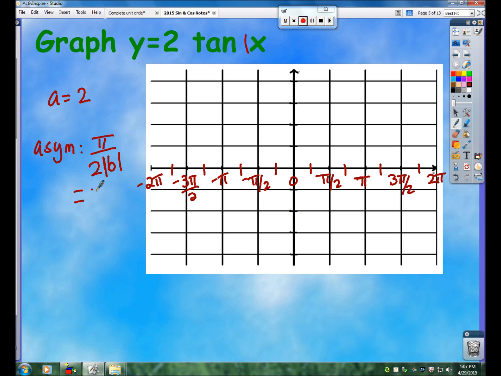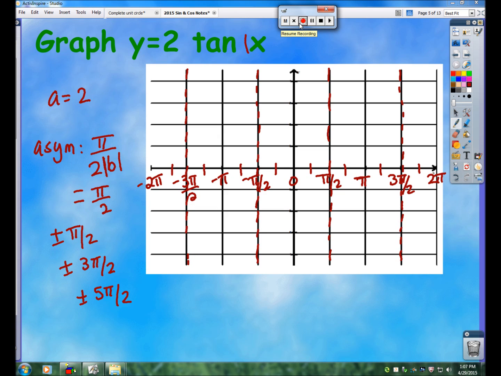So our asymptote is pi over 2, and all the odd multiples of that, however many fit on our graph. So that means we have an asymptote at pi over 2, at 3 pi over 2, and if our graph continued, at 5 pi over 2, and negative pi over 2, and negative 3 pi over 2.